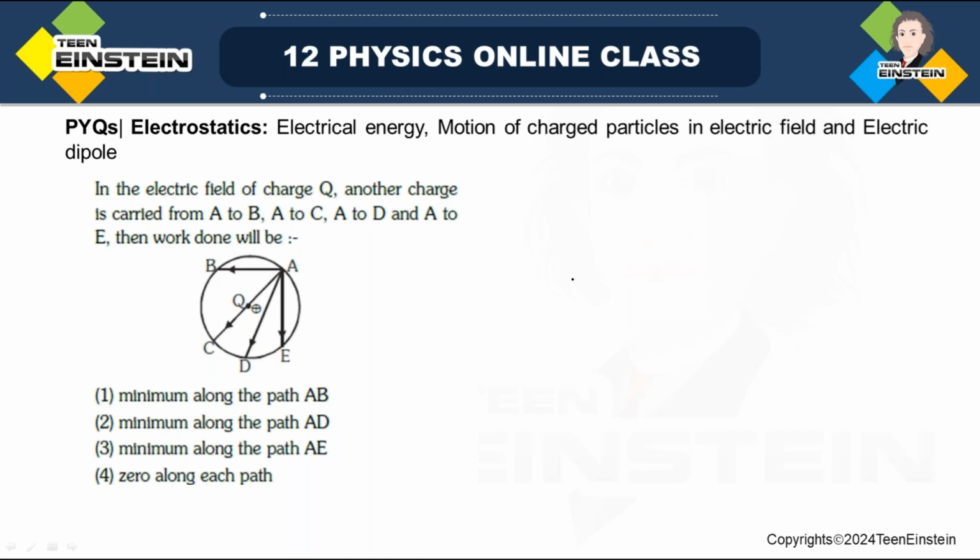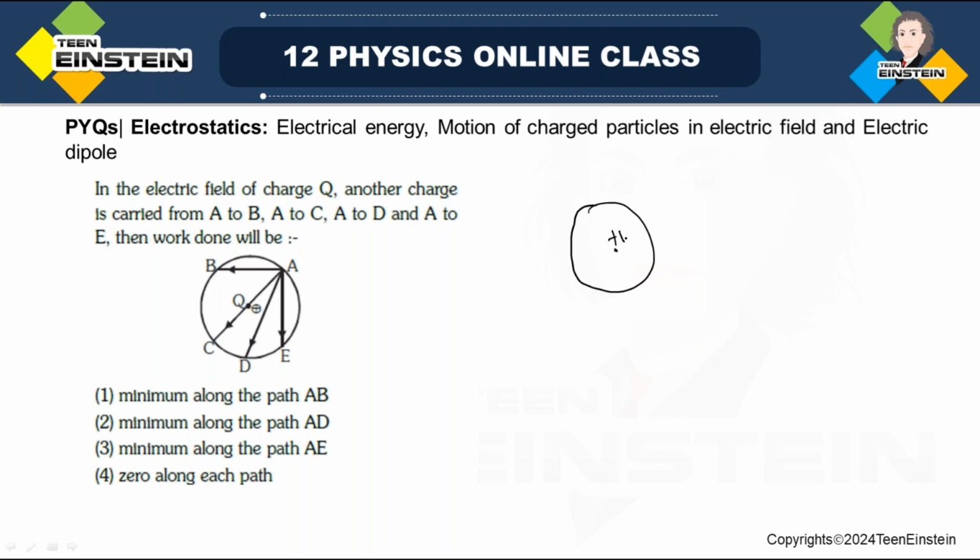See, I'll tell you one thing. When I have a positive point charge, at an equal distance, if I take r distance and if I draw a sphere around this positive charge, let me draw the sphere itself. Okay, just take this as a representative figure.